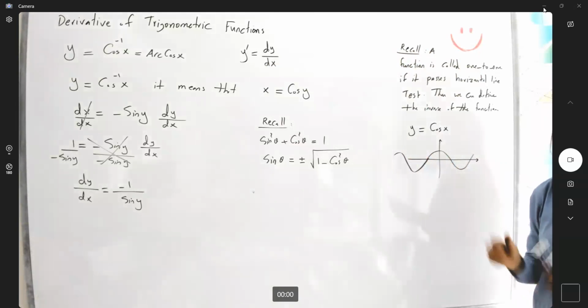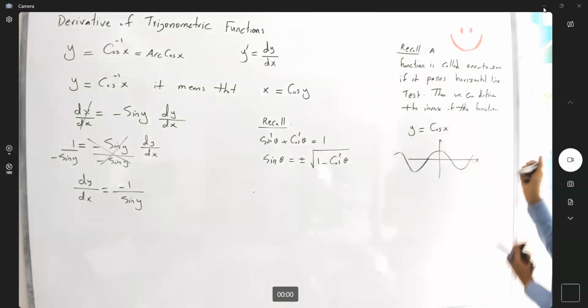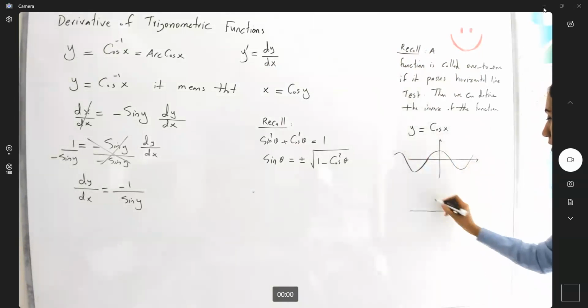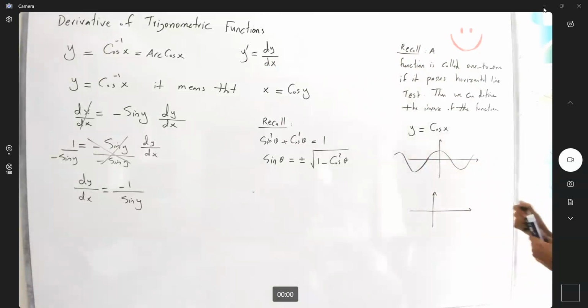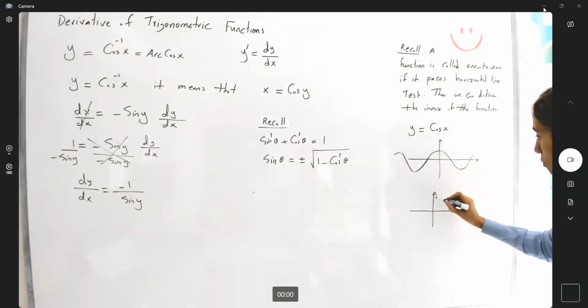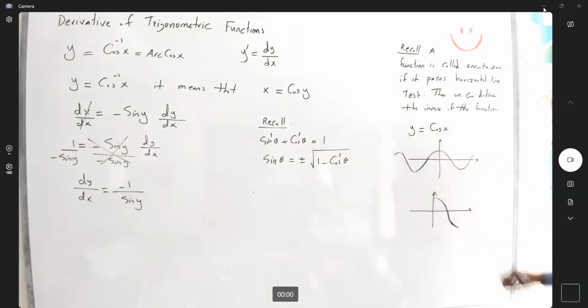What's the remedy? You can cut the graph of the function and just isolate the function between, for example, 0 to pi. So between 0 to pi, the function passes the horizontal line test.